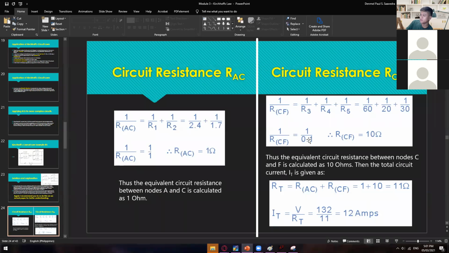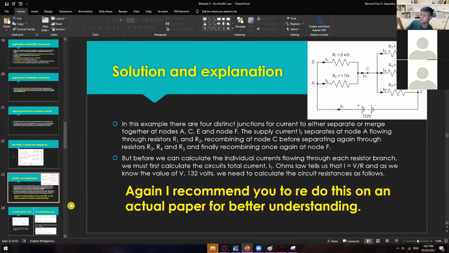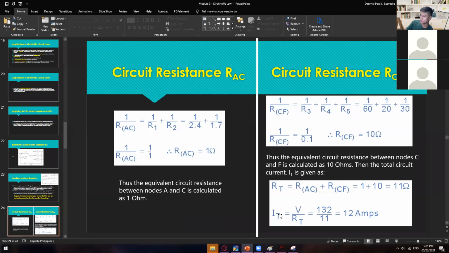So 1 plus 10 is equal to 11 ohms, which is now this one. We now have the total resistance of this circuit, so you can now solve for the total current. So I sub T is equal to V divided by RT, which is 132 divided by 11, which is equal to 12 amps.